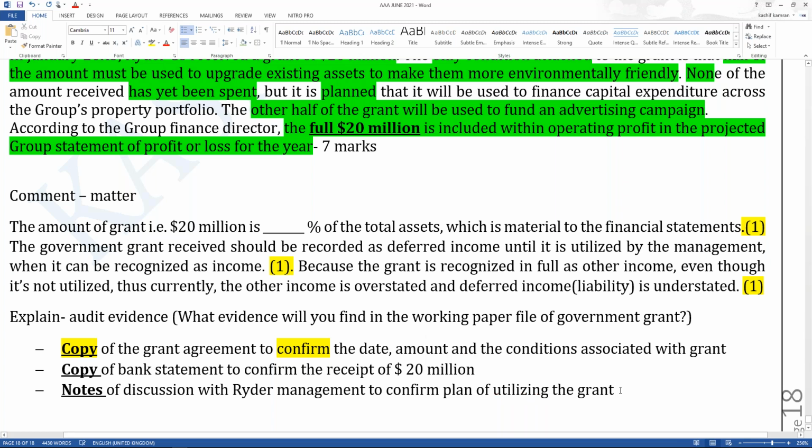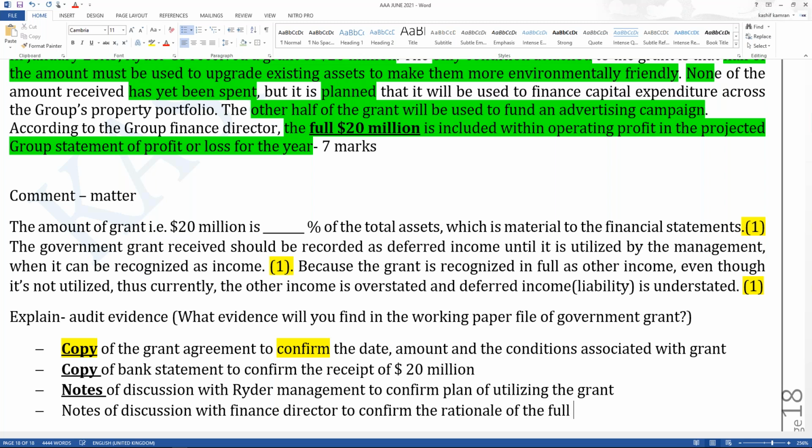Okay, will I have another notes of discussion in the file, for another discussion I had with the finance director? Notes of discussion with finance director to confirm the rationale of recording $20 million as an income, to confirm the rationale of recording the full amount as other income.